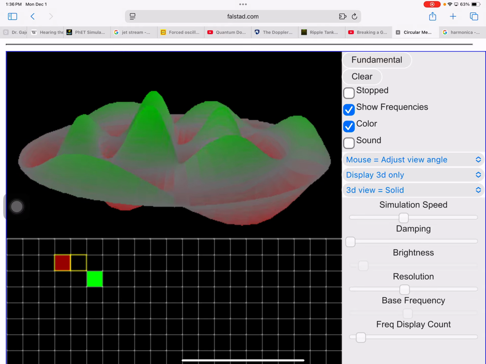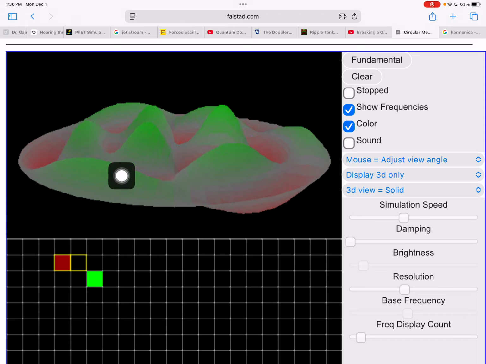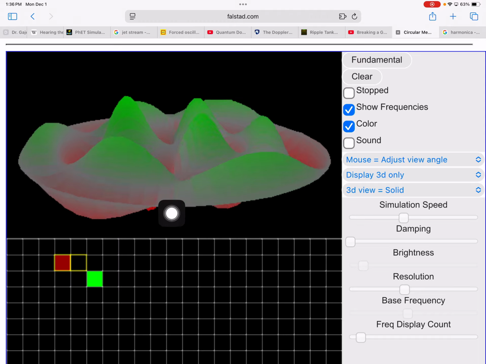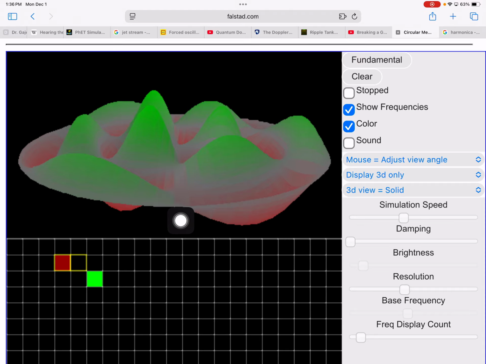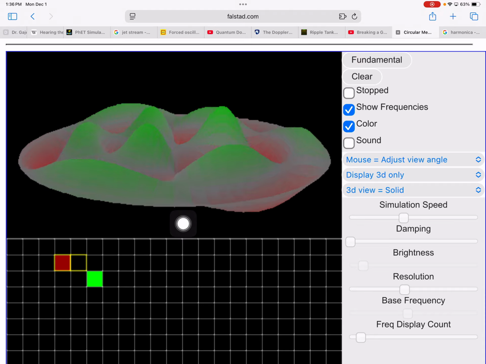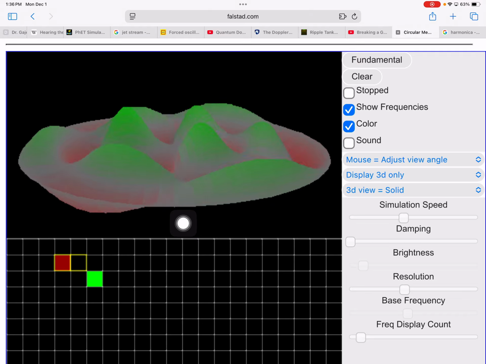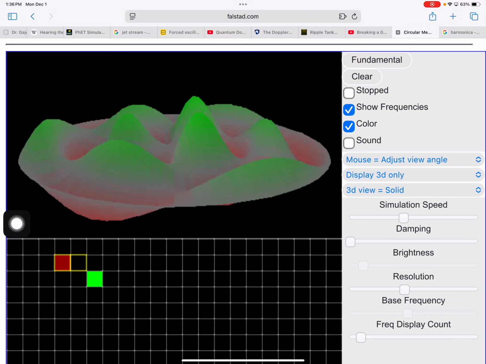Okay. So mathematically what that means is, different shapes can produce different frequencies. Do two different shapes have the same set of frequencies that they produce? That's the mathematical question. Okay.